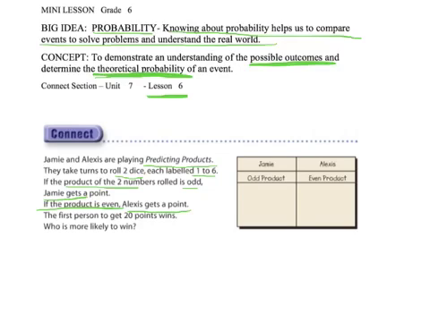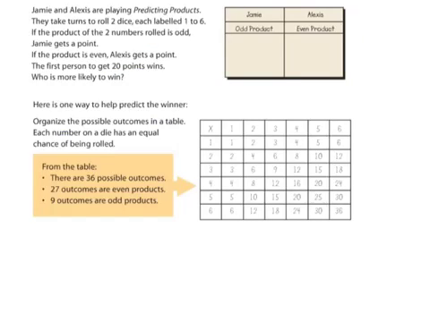Well, we need to determine the possible outcomes and then the theoretical probability of each. All right, so here's one way to help predict the winner. Organize the possible outcomes into a table. Each number on the die has an equal chance of being rolled. It's not more likely that you will roll a 3 or a 2.